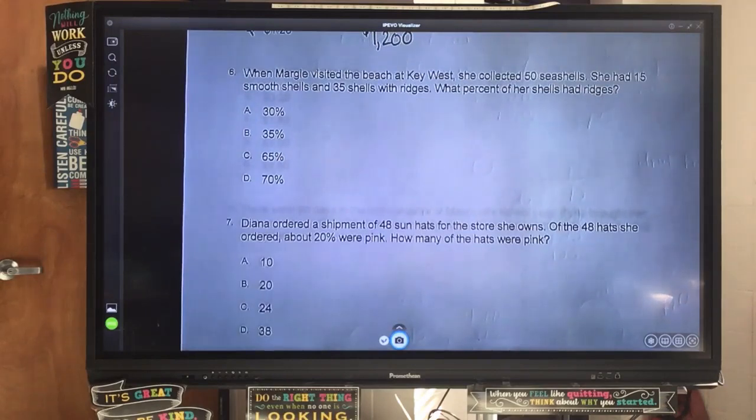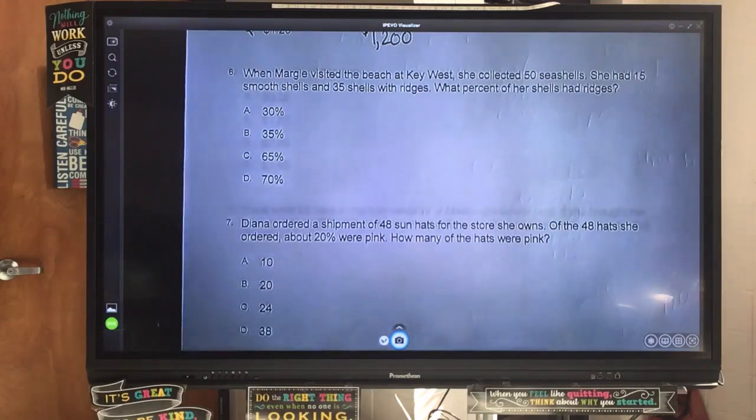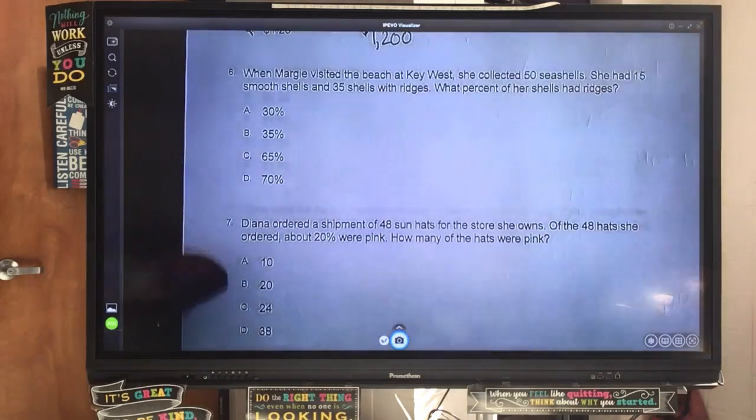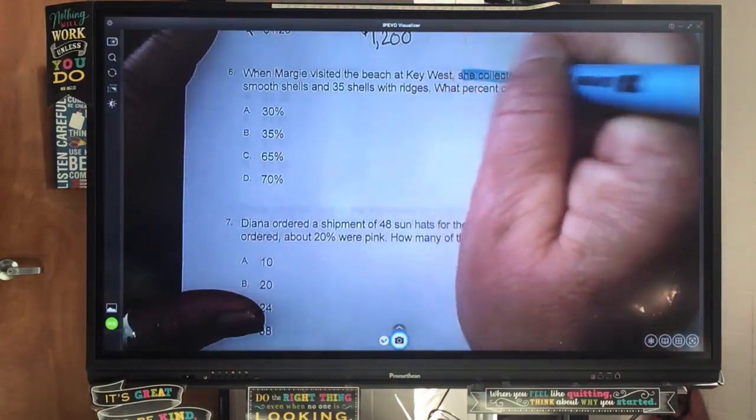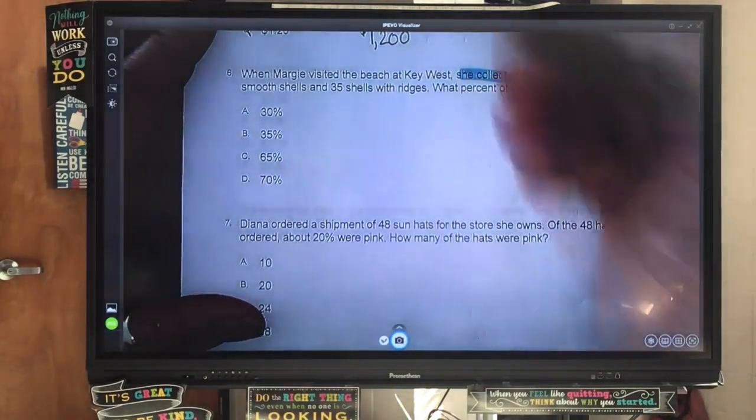Alright, when Margie visited the beach at Key West, she collected 50 seashells. She had 15 smooth shells and 35 shells with ridges. What percent of her shells had ridges? Alright, what is important in this question? Mikhail: hold on real quick.